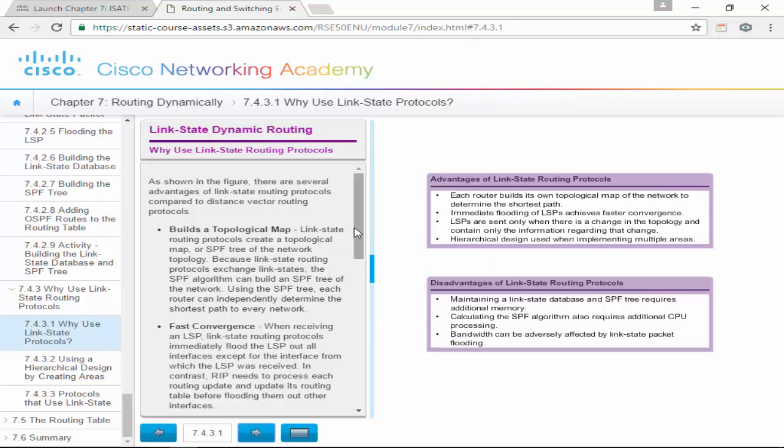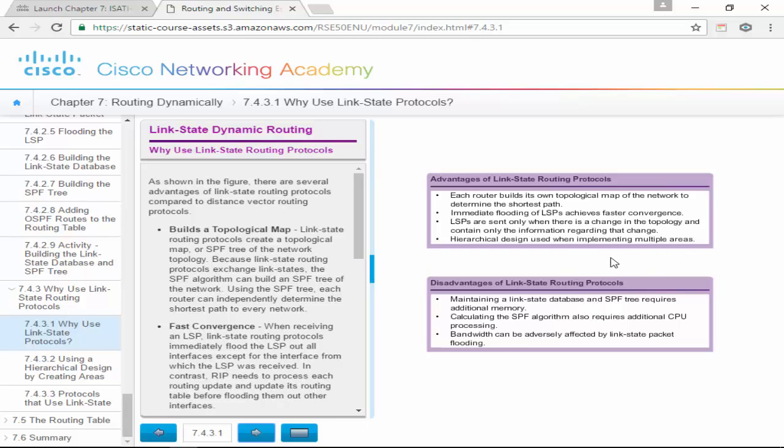So if you're running multiple vendor routers, OSPF is the easiest way to do it. Also, each router builds its own map, and immediate flooding of link state packets achieves faster convergence. Link state packets are sent only when there is a change in the topology. The hierarchical design is used when implementing multiple areas, so you have a great design.